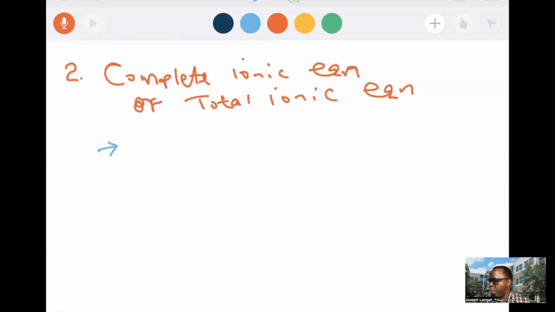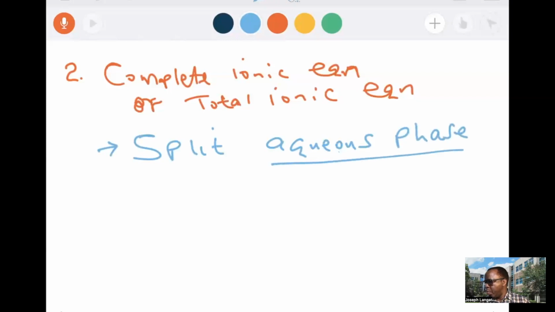This you need to split. This is the criteria you can use to write down the complete ionic equation. Split the aqueous phase.